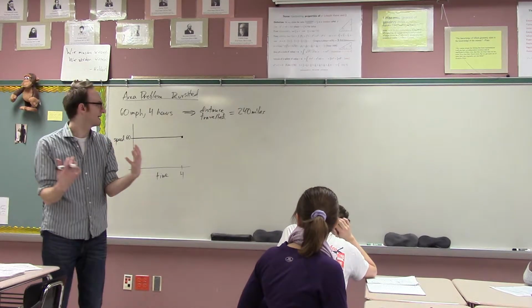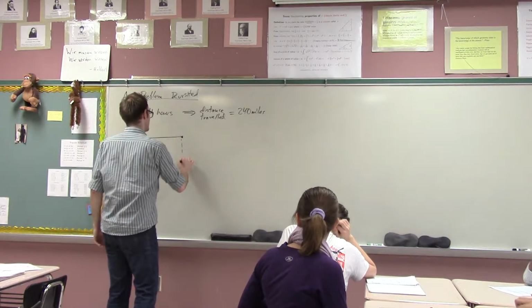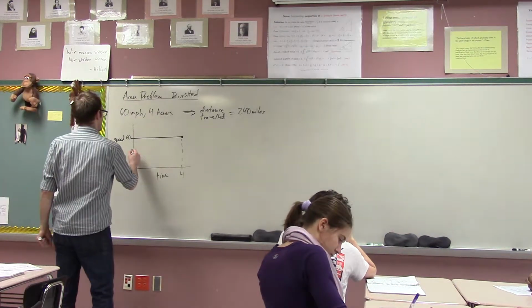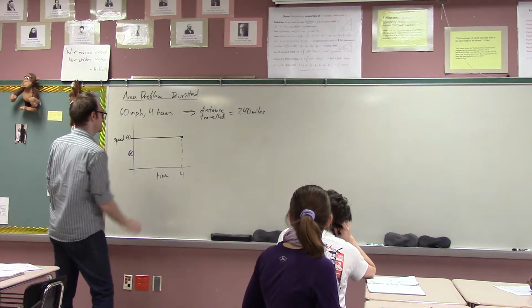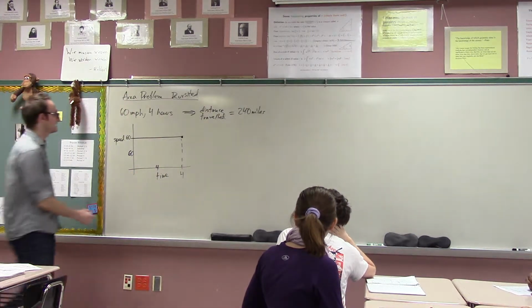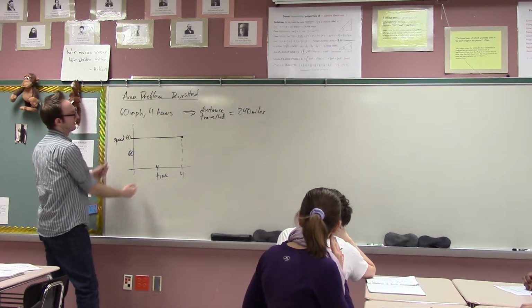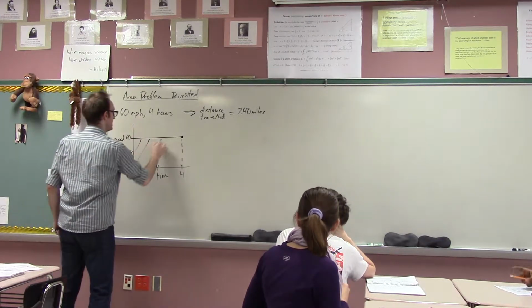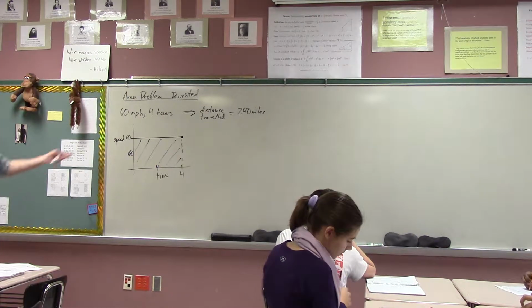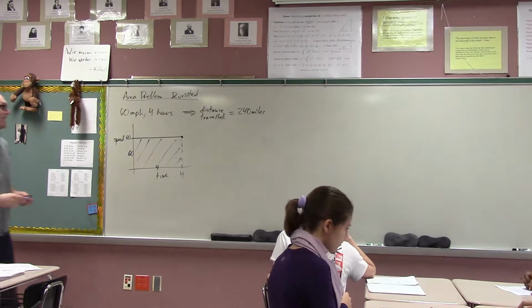Yeah, that's right. In fact, there is a rectangle here. This dimension of the rectangle is 60, and this dimension is 4. What we do on some level when we multiply these two numbers is take the area of the rectangle whose side lengths are 60 and 4.